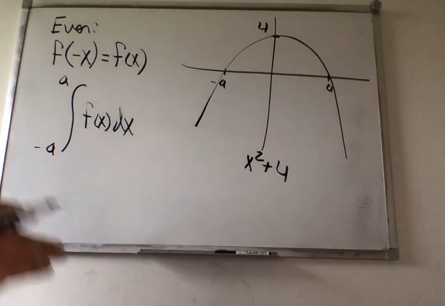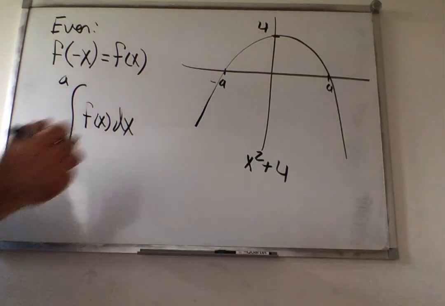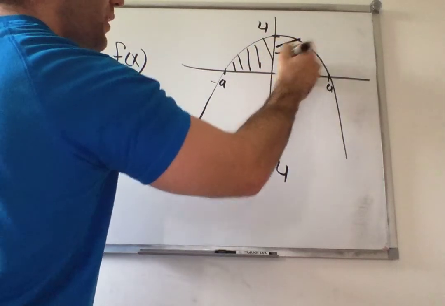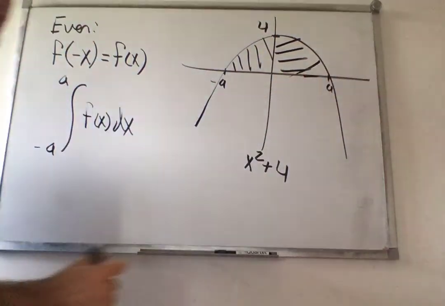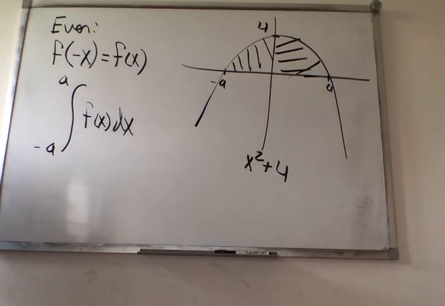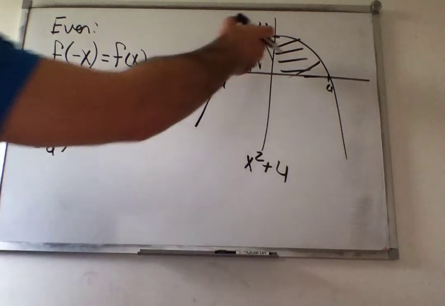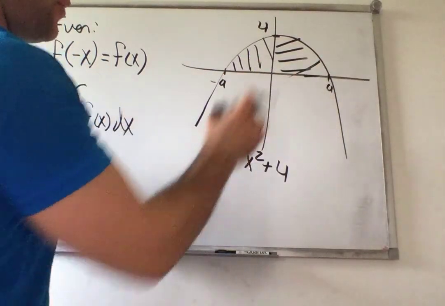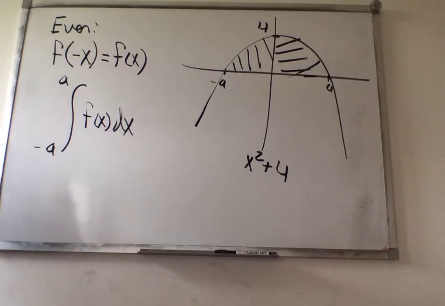Now think in terms of area. It's that area plus that area. Aren't those two areas exactly the same? This distance is negative a away, and this distance is a away. They really are exactly the same.